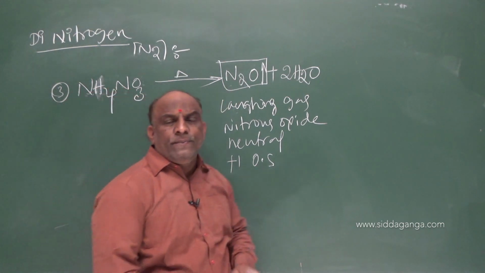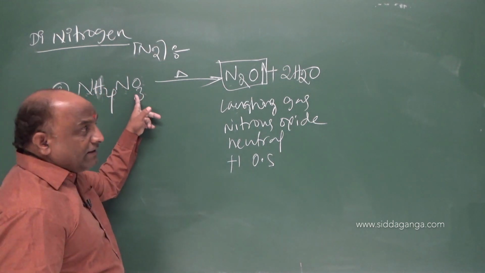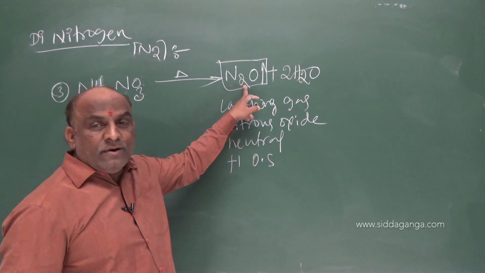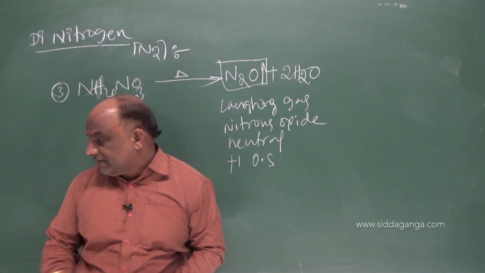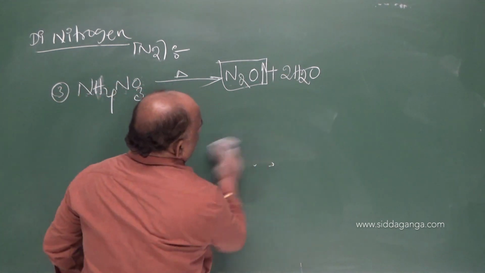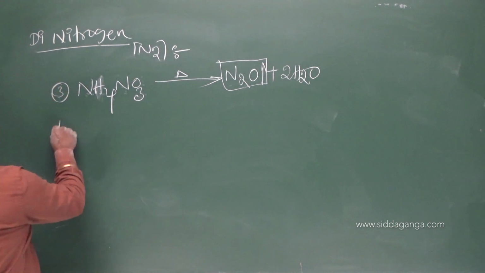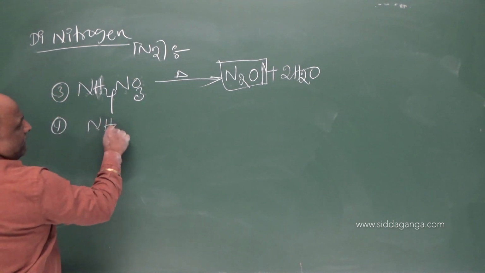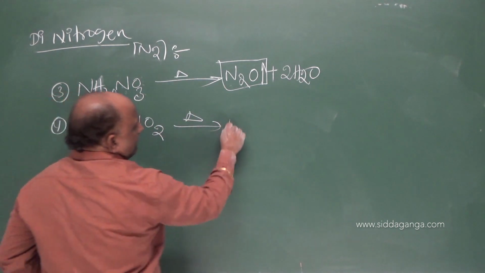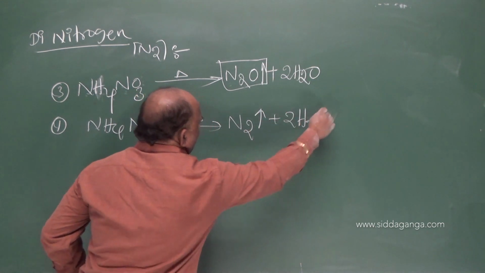How is it obtained? It is obtained by thermal decomposition of ammonium nitrate. Remember, thermal decomposition of ammonium nitrate liberates laughing gas. If the compound is ammonium nitrite, the answer is dinitrogen. Once again, revise equation number 1: NH4NO2 on thermal decomposition gives N2 gas plus 2H2O.